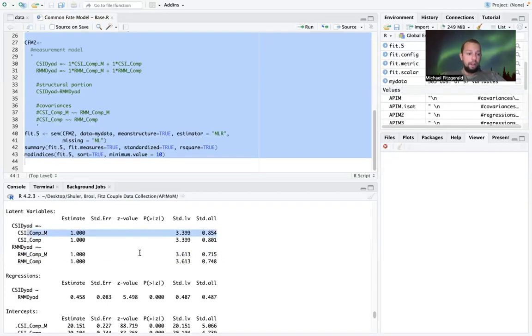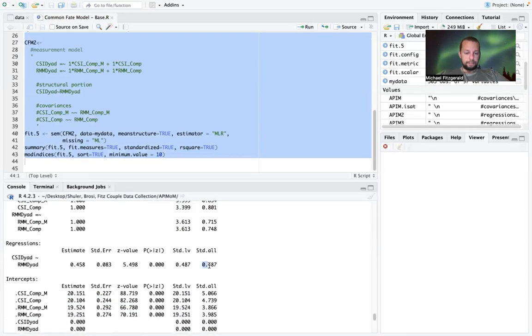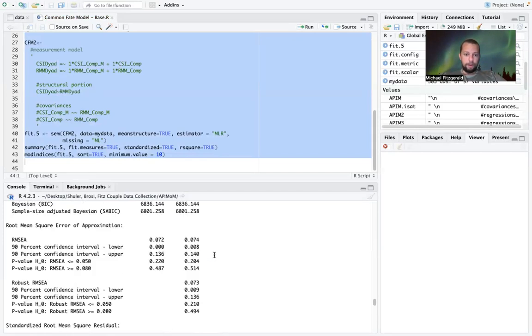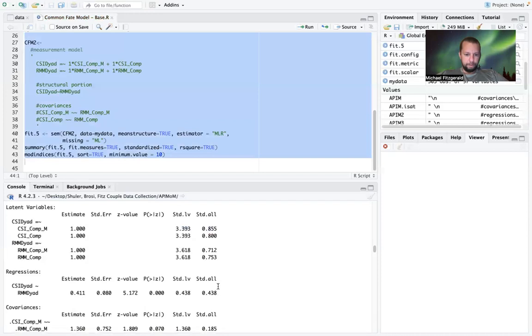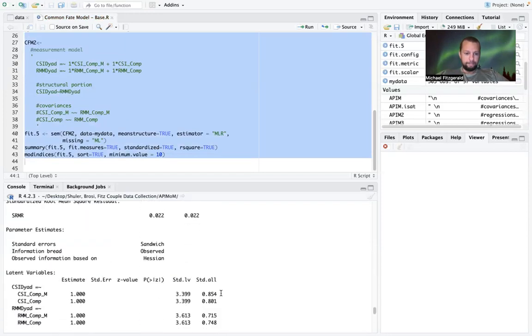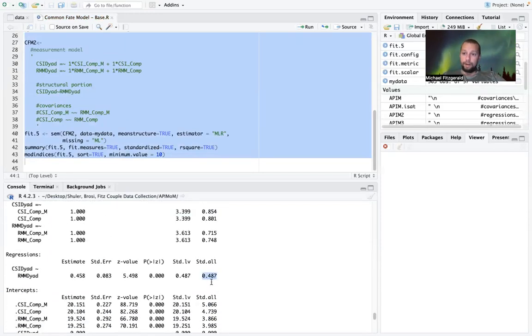So overall, our factor loadings didn't change a whole lot, which again probably isn't all that surprising given that they're constrained, especially in the unstandardized effects. But what we do see is this. Before we were at 0.44, if I recall correctly, or 0.438, and now we're at 0.487.